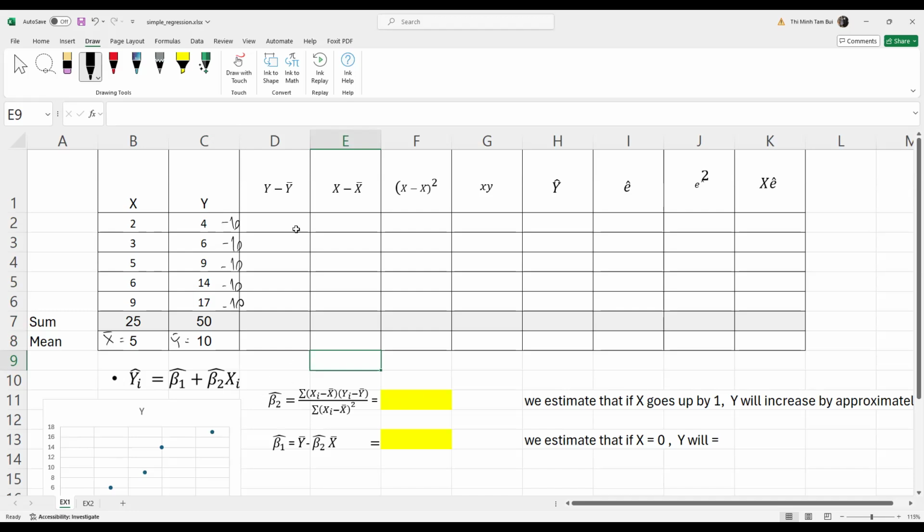So y minus y bar equals 4 minus 10. Yes, good. And do it for all. So minus 6. You can copy the formula here.